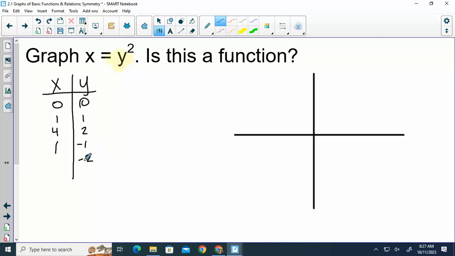Negative 2 squared, positive 4. Let's plot them. 0, 0, 1, 1, 4, 2, 1, negative 1, and 4, negative 2.